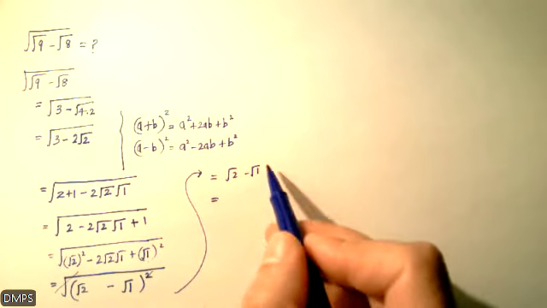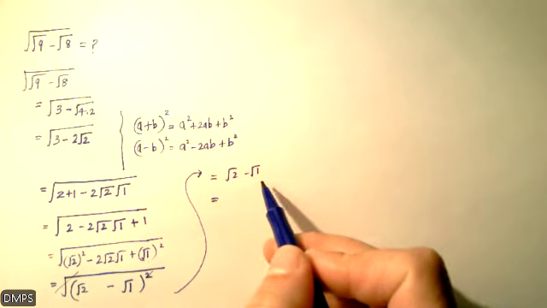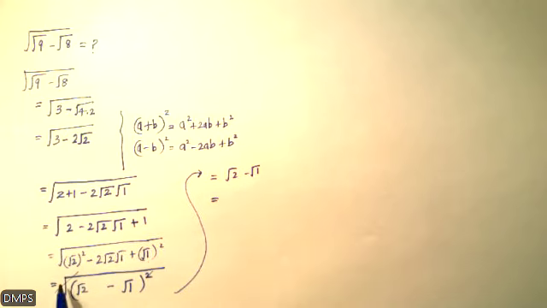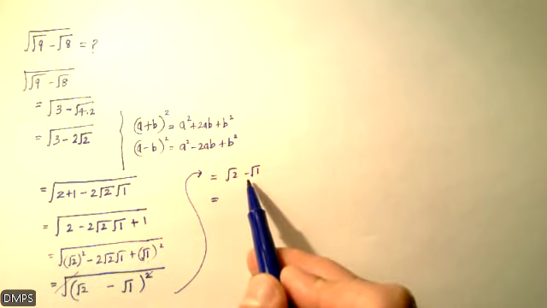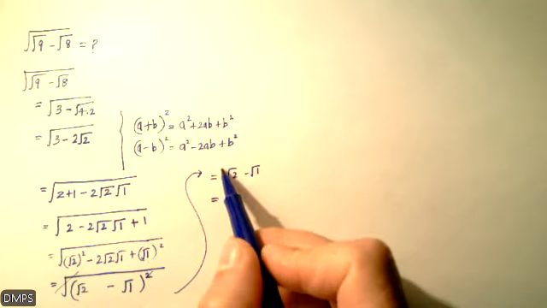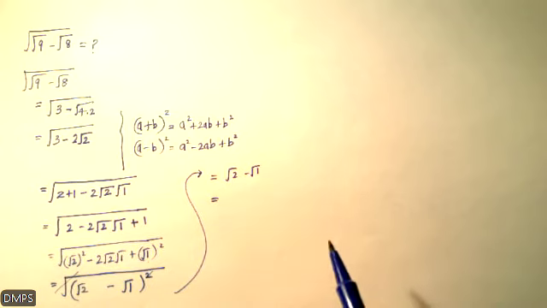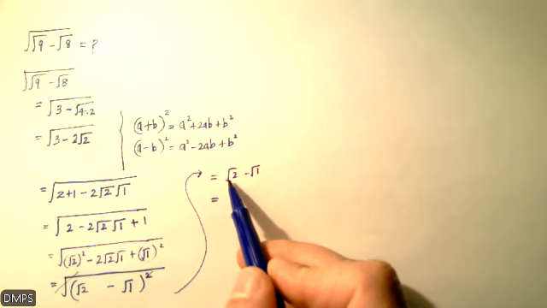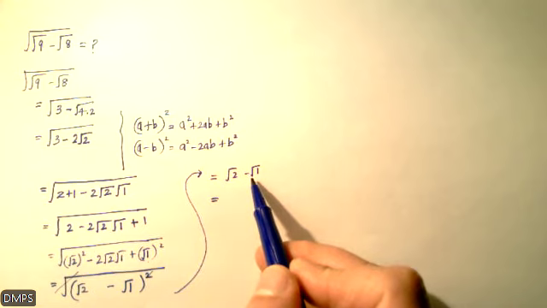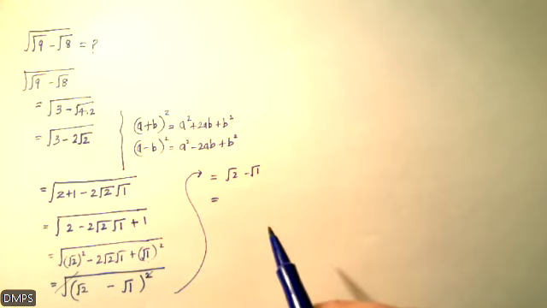Therefore, we need not put the absolute value sign here. Otherwise, because it's the positive square root, the number we get after simplifying should be a positive value. To make sure that it's positive, we normally put the absolute value sign. But here, because root 2 is bigger than root 1, I did not put that.